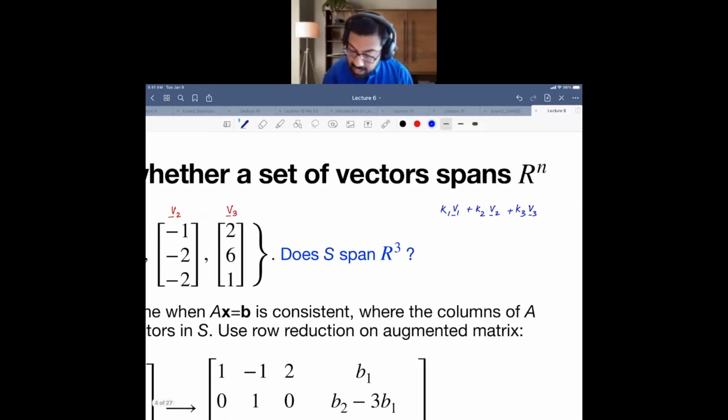And if I do that, can I reach any B, any solution? So can I reach any B1, B2, B3? Because that is going to be, of course, belonging to R to the 3. So the question is, the span of these 3 vectors, can you reach any B?